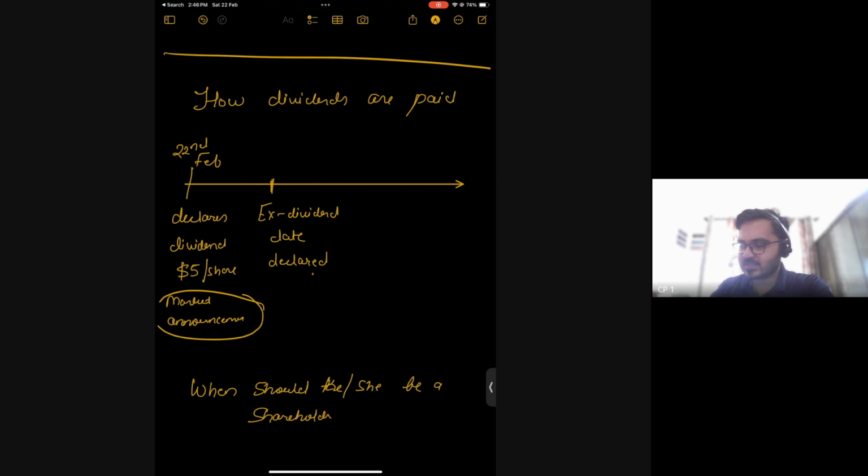What it basically means is that this is the date from which any owner of the securities will not get dividend. So only if you are an owner on ex dividend date, you will be entitled to get dividend. So this is like the entitlement date. If you're an owner on this specific date, you will get dividend. If you're not an owner on this specific date, you will not get dividend.